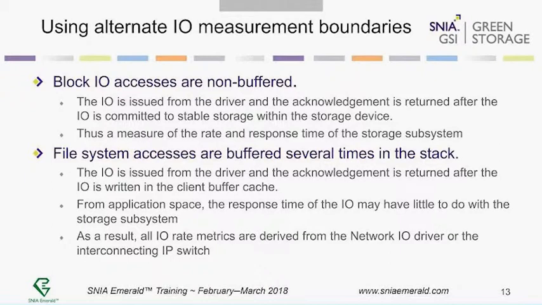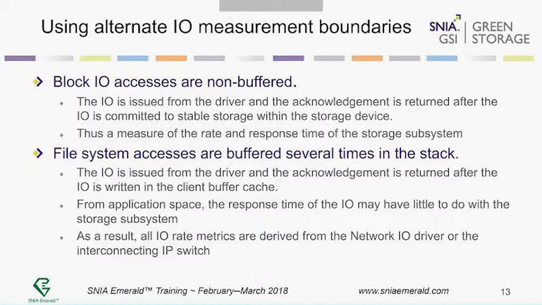We're going to talk briefly about measurement boundaries, and let me explain a little bit of background as far as why these 2 test environments have different measurement boundaries. When we measure the degree of activity, i.e. the IOPS and the megabytes per second in the block environment, these IOs are by definition what's considered DIO, direct IO.